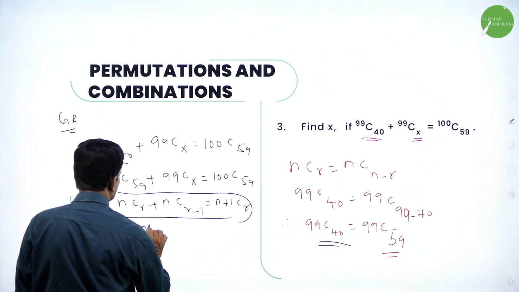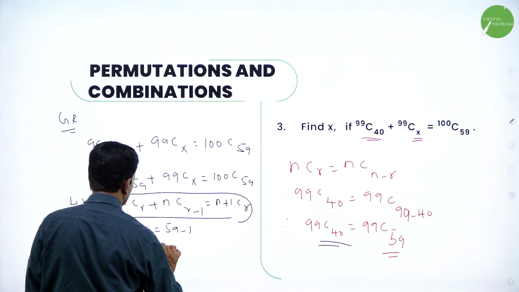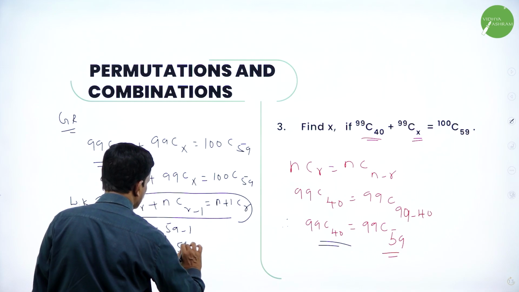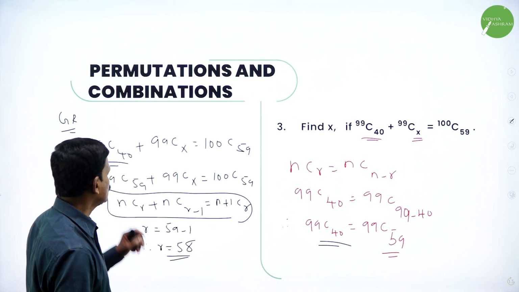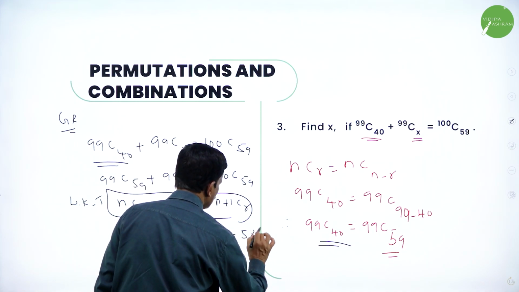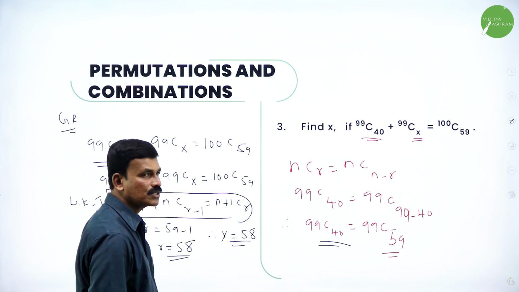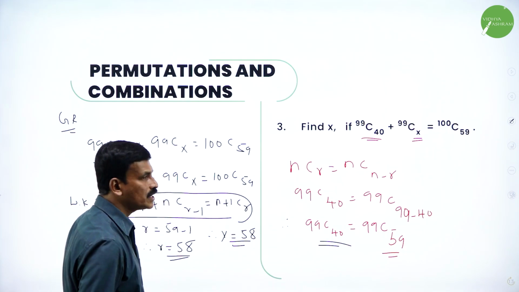Here, r is 59, so we can write r minus 1 is 58. So the value of x is equal to 58 is the required answer. x is equal to 58. Hope you followed. Now, move on to the next problem.